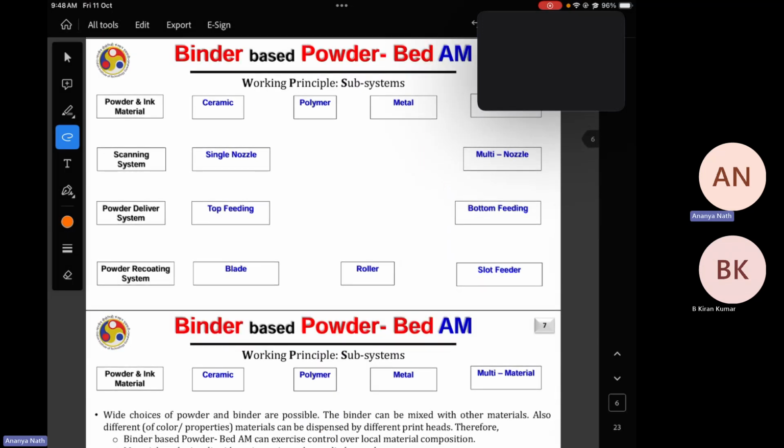In case of powder delivery, top feeding, bottom feeding, we already know. In case of powder recoating system, blade, roller, slot feeder, we already know. Only thing is the scanning system.